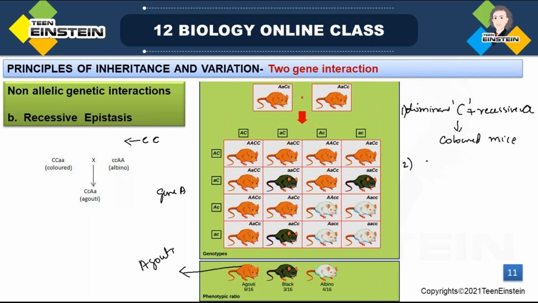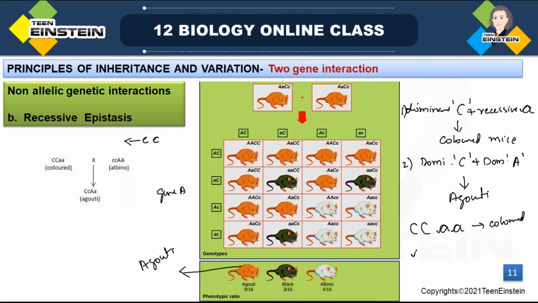Then the second one, again dominant C allele plus dominant A. Dominant C plus dominant A forms agouti. Okay. So where the dominant C and recessive A, that forms colored mice.